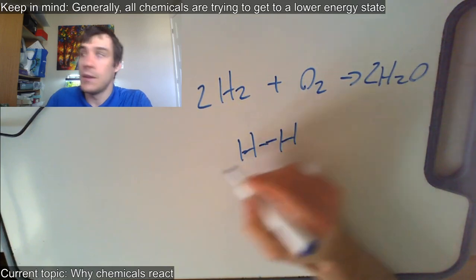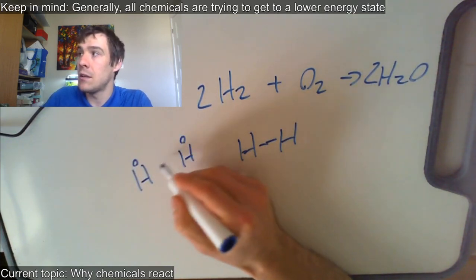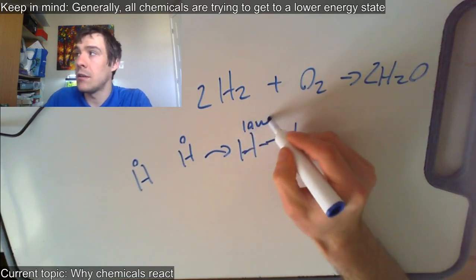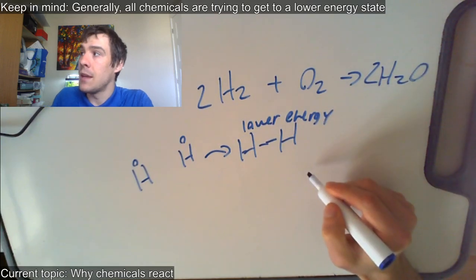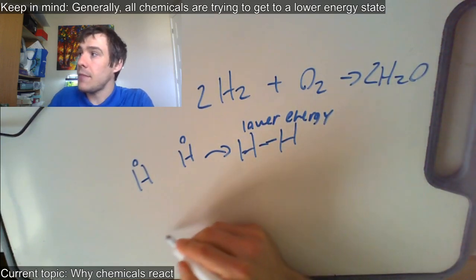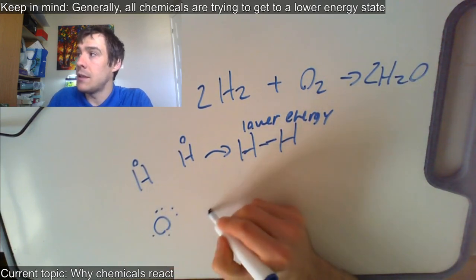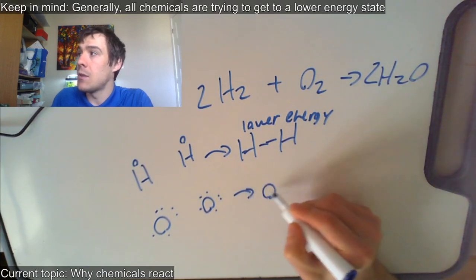Like this would be a high energy state, this is a high energy state, this is a high energy state. So this is lower energy. That's lower energy. Same thing with the oxygens. This is a high energy state where they're separate. This is a lower energy state.